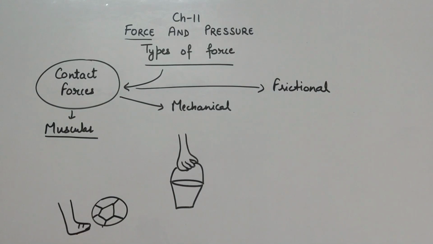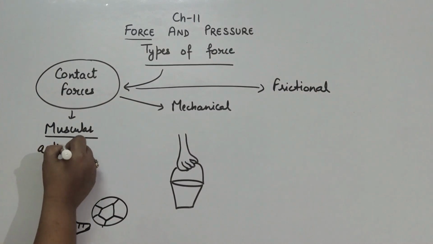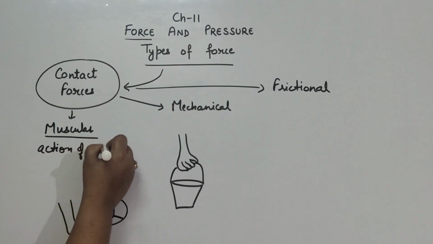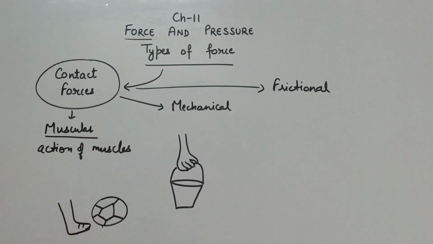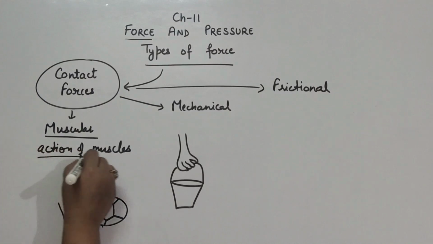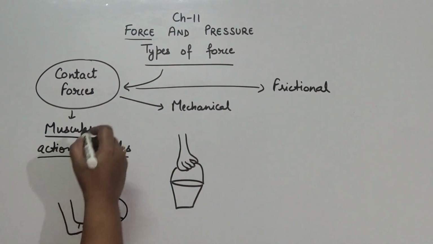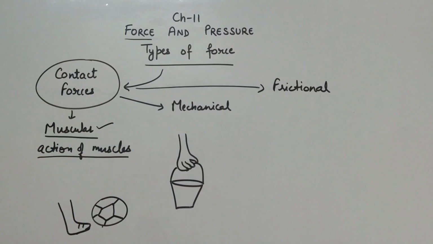Now, where does this force come from? This force is caused by the action of muscles. So, the force resulting due to the action of muscles is known as muscular force. We use muscular force during walking, running, pulling, pushing, etc.